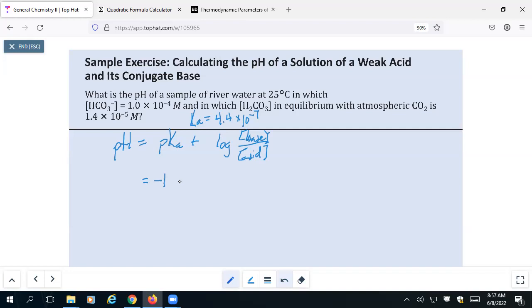To find the pKa, I need to take the negative log of the Ka value, 4.4 times 10 to the negative 7th. And then the concentration of the base would be the bicarbonate ion, 1 times 10 to the negative 4th molar, and carbonic acid would be 1.4 times 10 to the negative 5th molar. My molars cancel out.